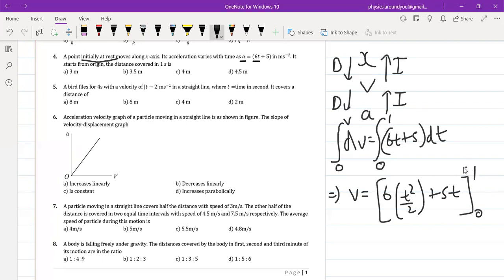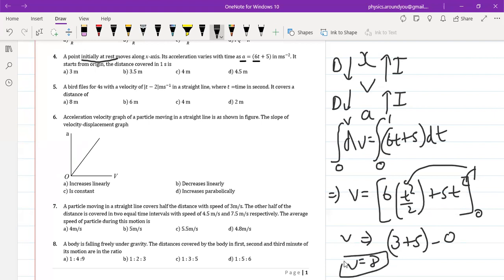In the place of t, we first put 1. So that would be like 3 plus 5. And then you'd be subtracting 0. You put 0 there, you will be getting a big 0. So you found out the speed. This is what most of you do, right?